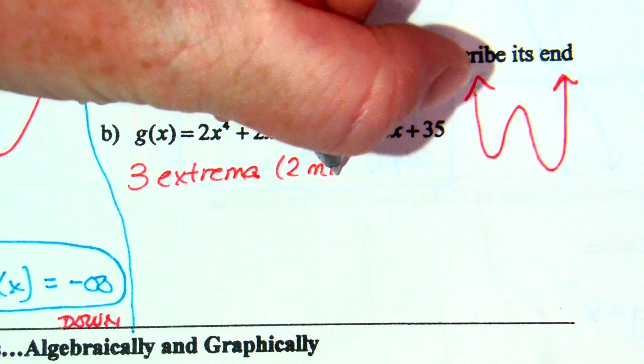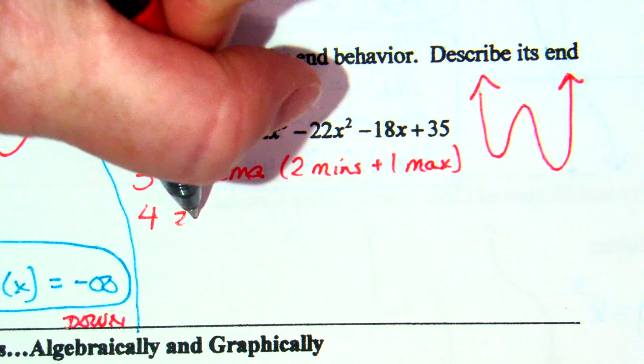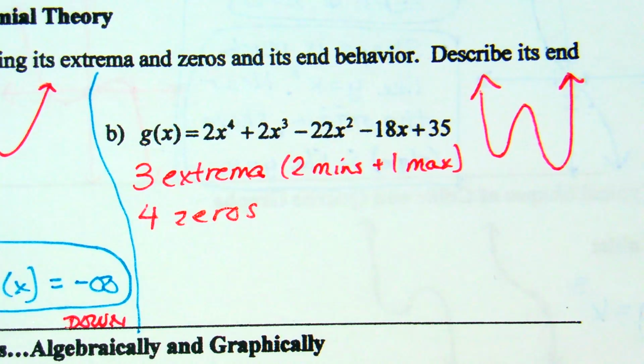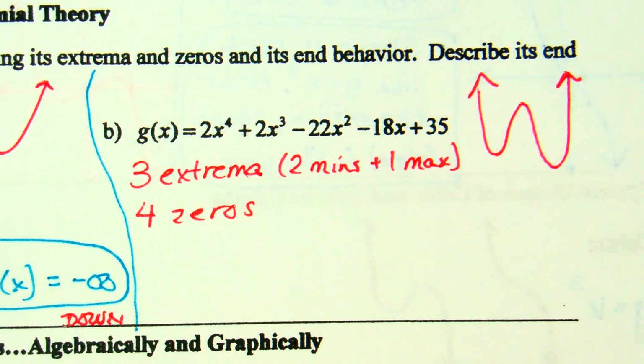If this is degree 4, how many zeros do you expect? At most 4, because it means there are at most 4 real solutions. What do we have in this case? Do I cross the x-axis 4 times? Yeah. I do.